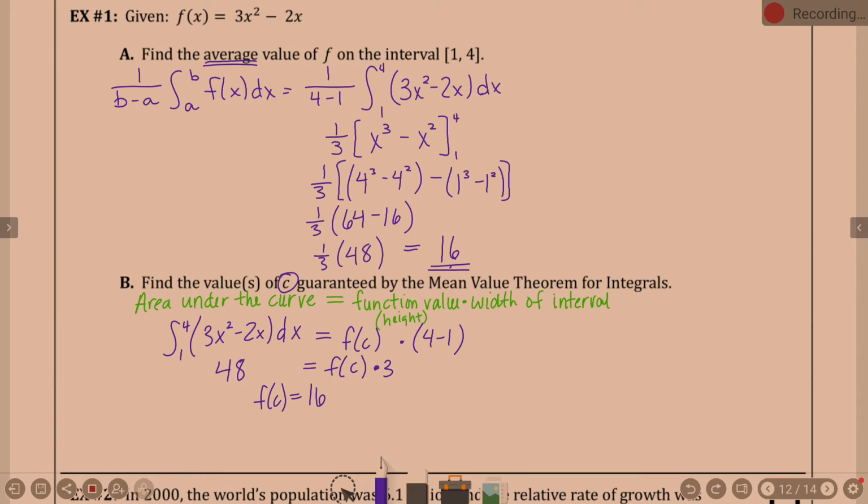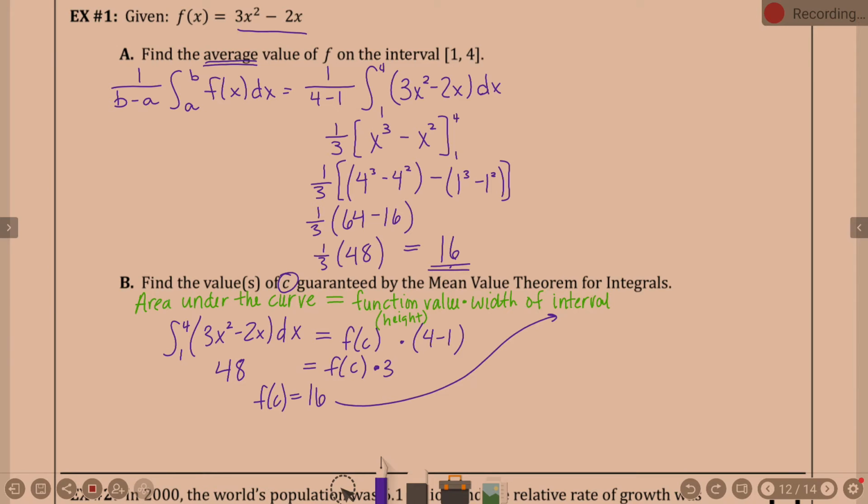Okay. What is my function? My function is 3x squared minus 2x, right? What is that if I put c into it? I think I'm going to go over here because I didn't give myself all my room down there.